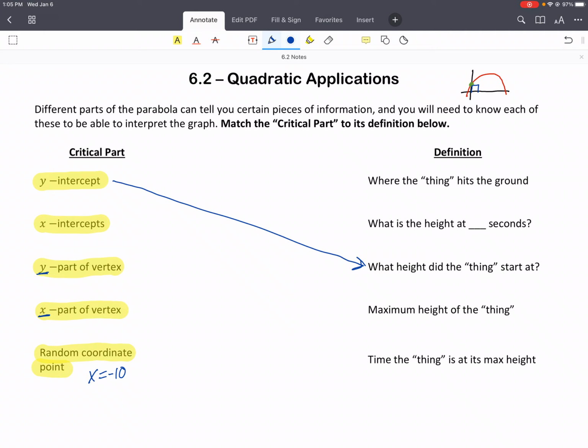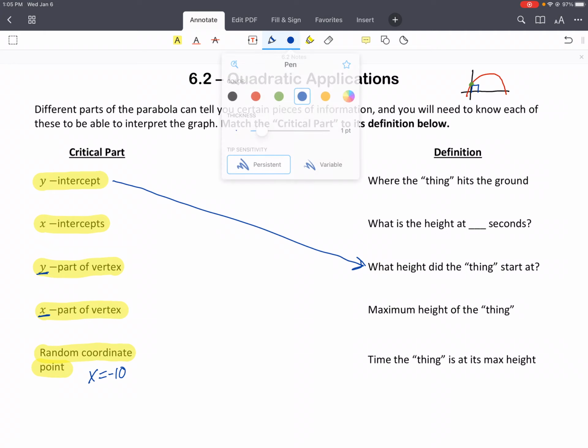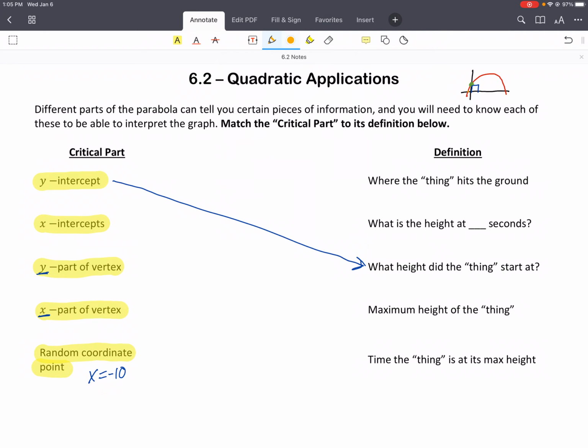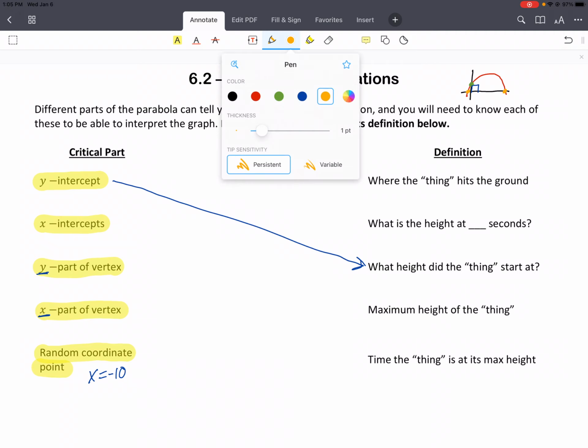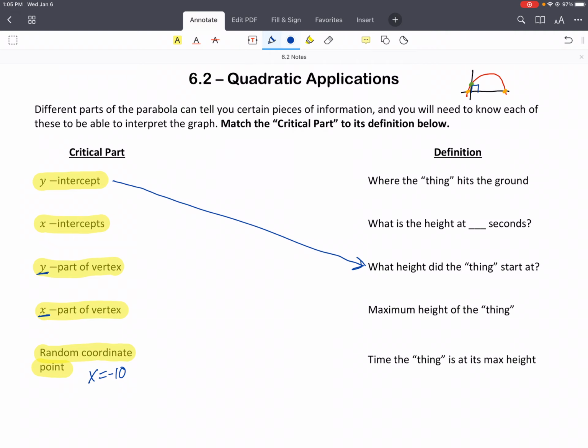Okay, the x-intercepts right here, if we're starting off at a height, the x-intercepts are going to be the equivalent of wherever the thing hits the ground. So it could be a rocket, it could be whatever it may be.